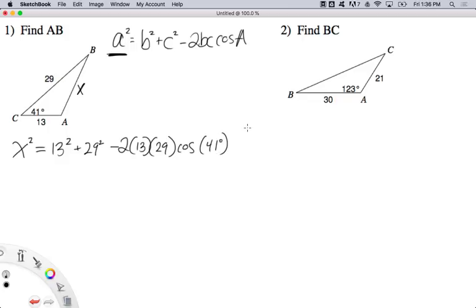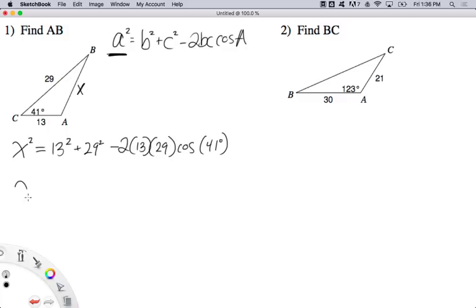Okay? Now I plug it all in my calculator: 13 squared plus 29 squared minus 2 times 13 times 29 times cosine of 41.